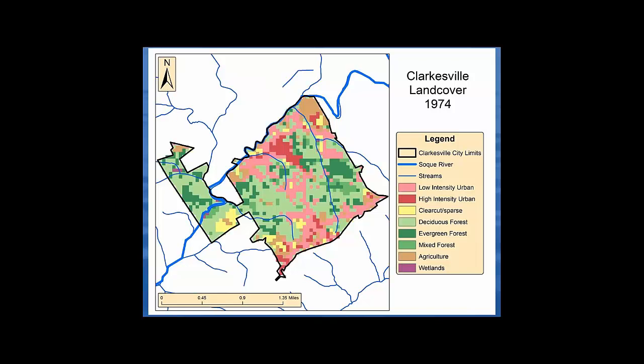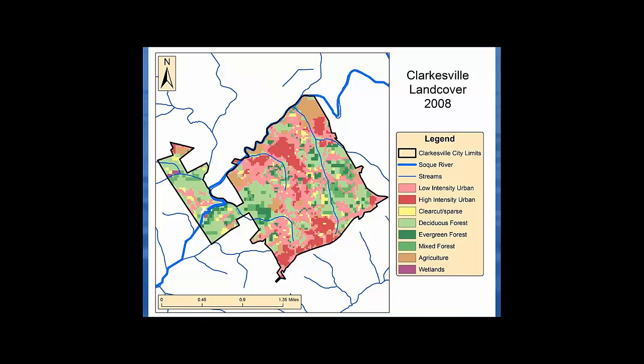And if I click again to 2008, you'll see there's quite a bit more red and pink and a corresponding reduction in forested lands. When you look at it from percentage of land cover in that 34-year period, we've actually lost about 36% of our natural areas in the city limits of Clarkesville and gained about 43% urbanization.